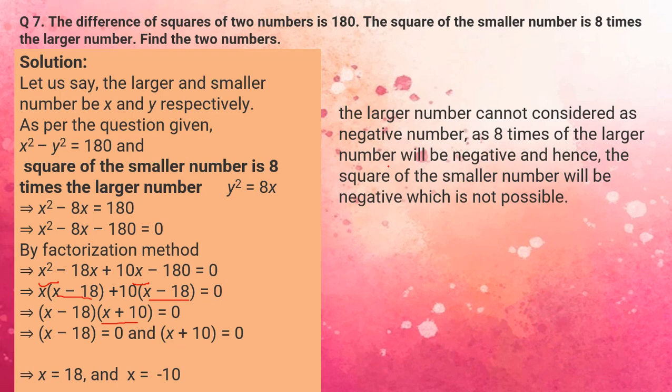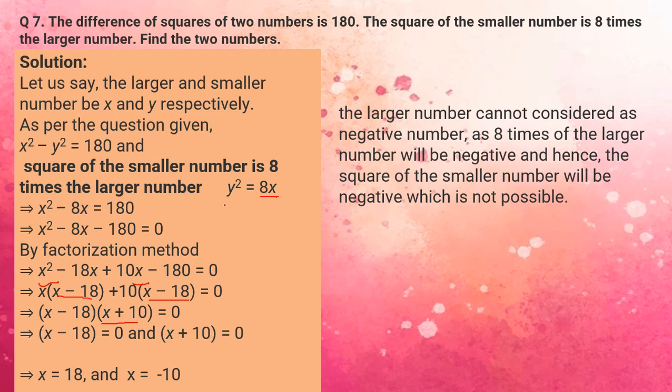Both 18 and minus 10 are values for x, so the larger number may be 18 or minus 10. When we consider the larger number as negative, that is minus 10, 8 times the larger number is 8 into minus 10, that is minus 80. So y square equals minus 80.